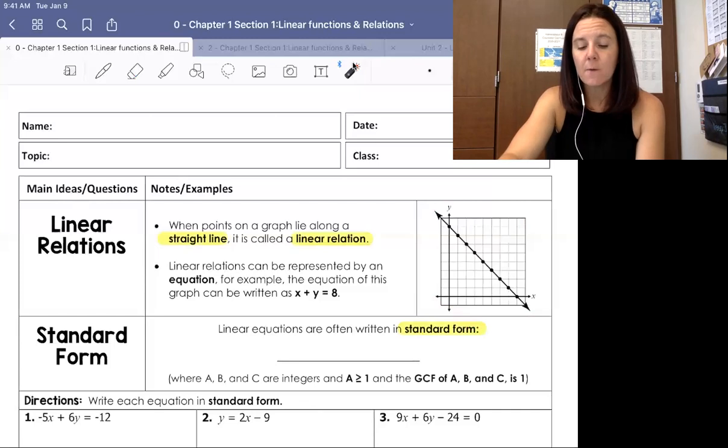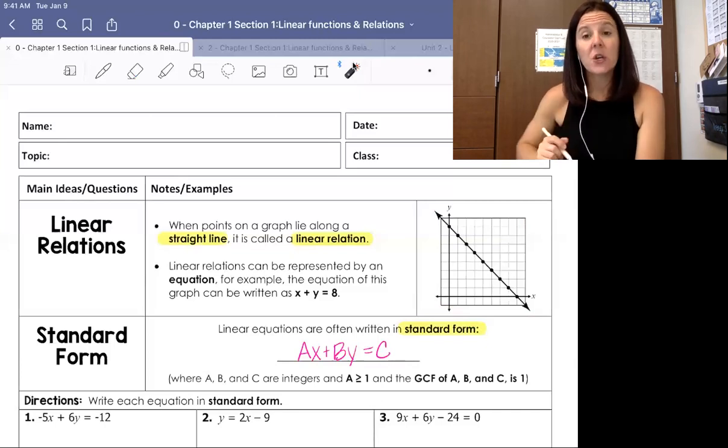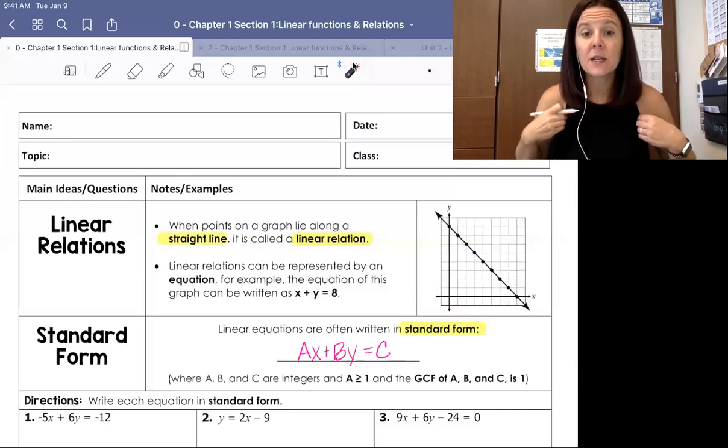That means that it's the format of a times x plus b times y equals c. Sometimes a and b are 1, like they are in x plus y equals 8. Sometimes they're other numbers, but we do have some stipulations. If it's in correct standard form, a, b, and c have to be integers, so they can't be fractions or decimals.